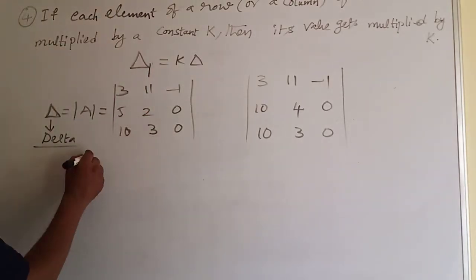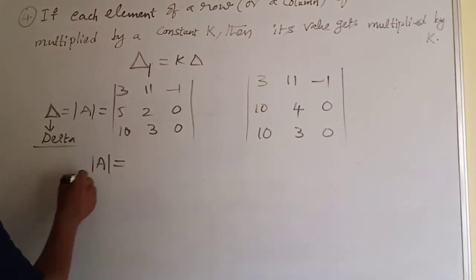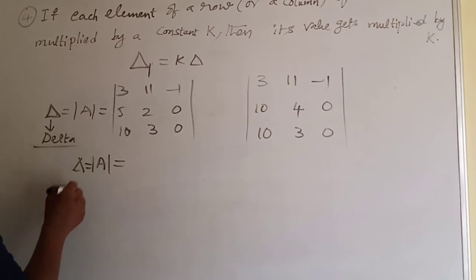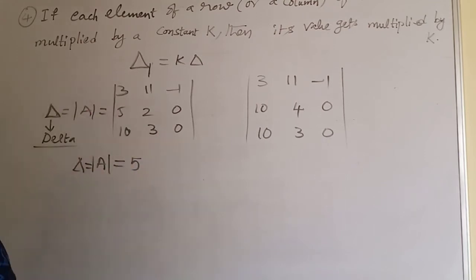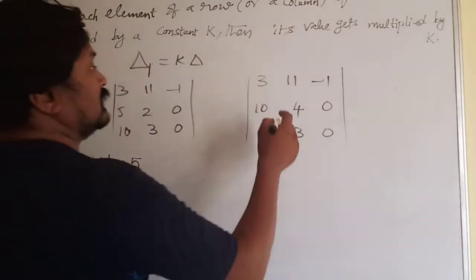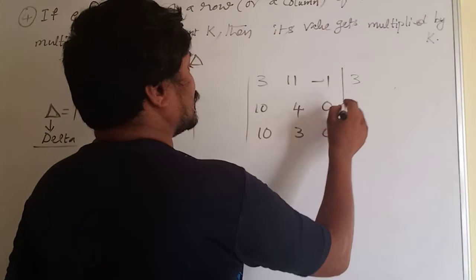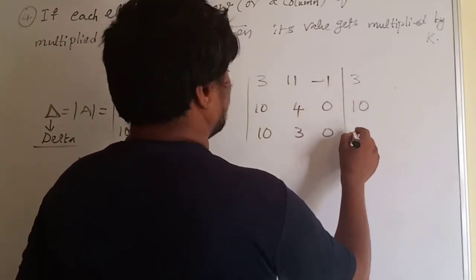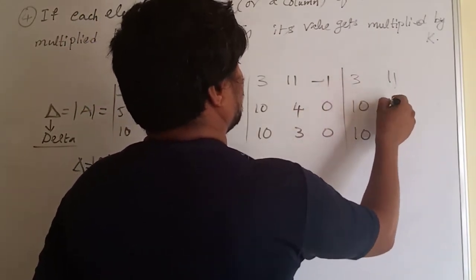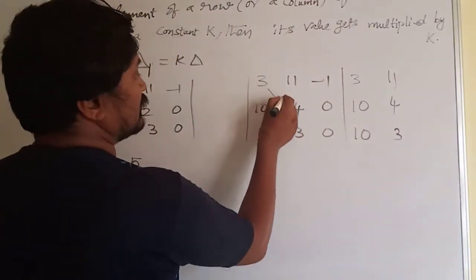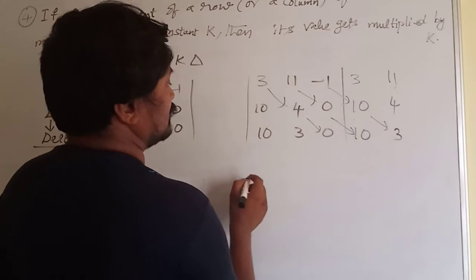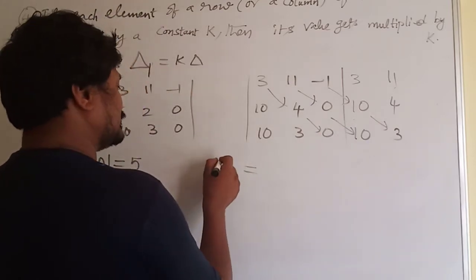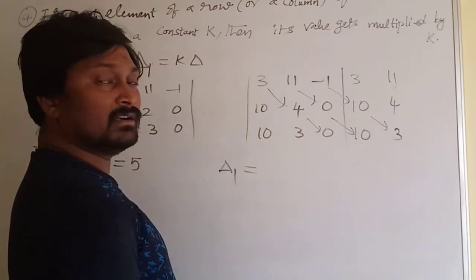This value you got previously, that det A, or delta, is equal to 5. So let me check this answer now. So 3, 10, and here also 10, 11, 4, 3. Let me check what the possibilities are and how we can solve. So the answer for this I am thinking of as delta 1.